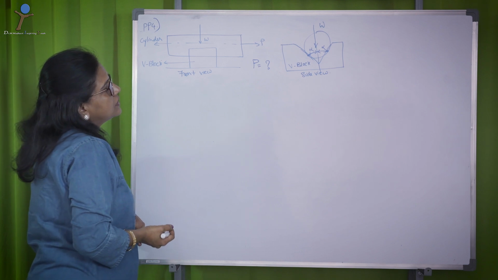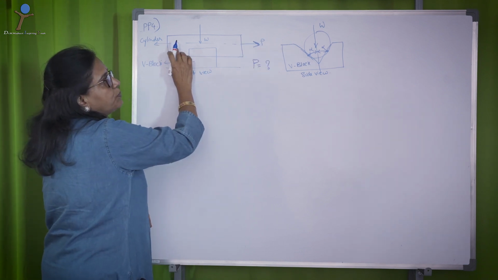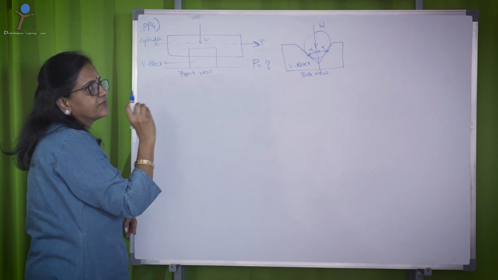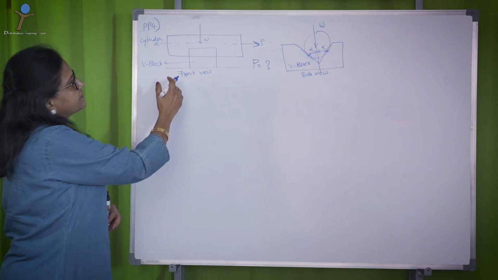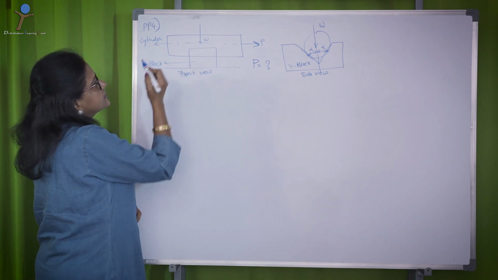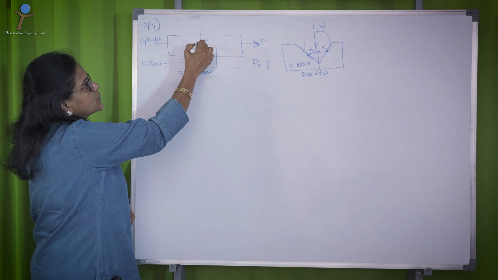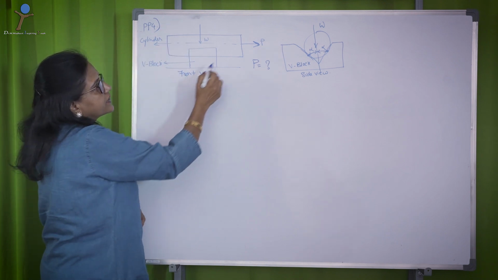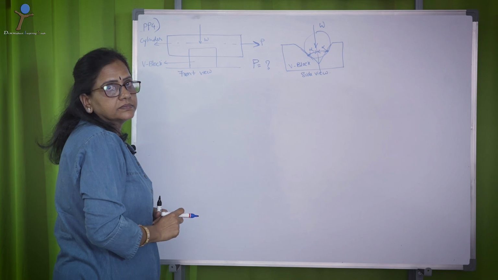Now, how much force P is required to pull the straight cylinder from the V block? So, this is the front view, this is a V block, and this is a straight cylinder. W is the weight of the cylinder, and you are trying to pull it from the V block.